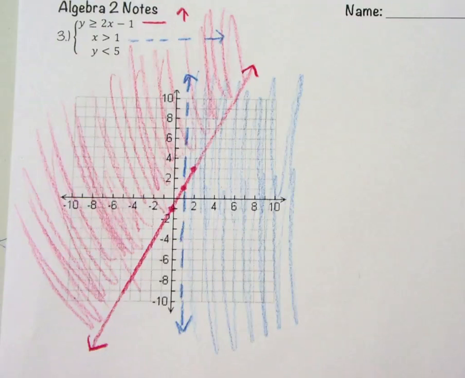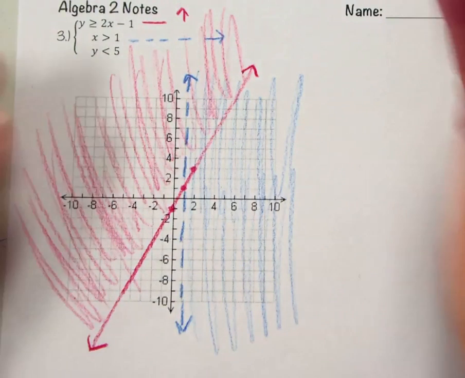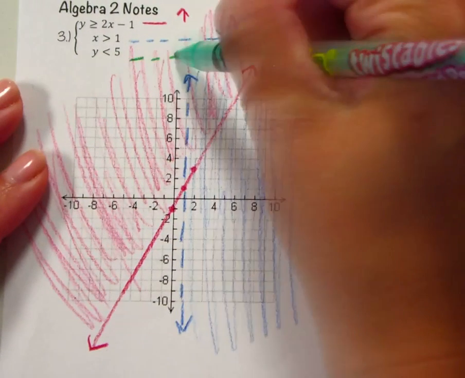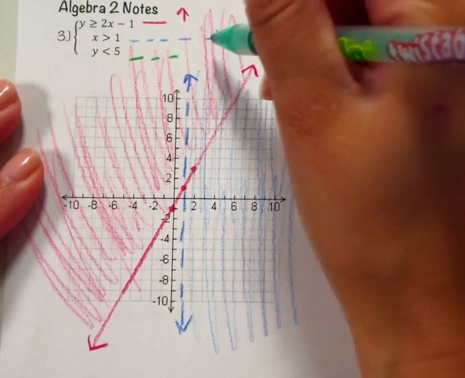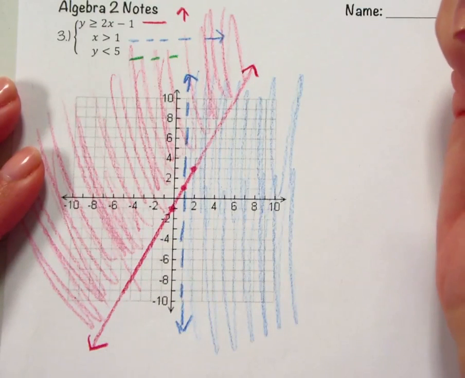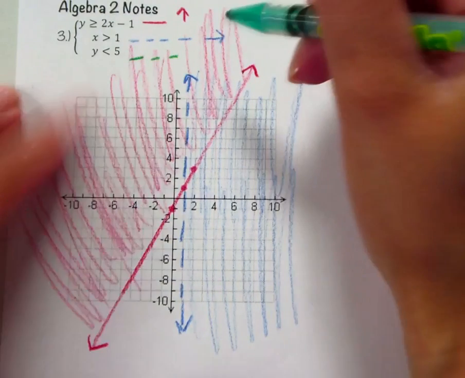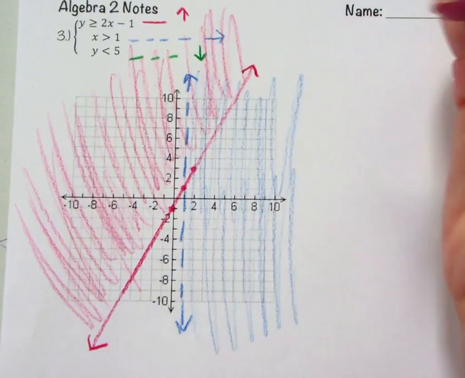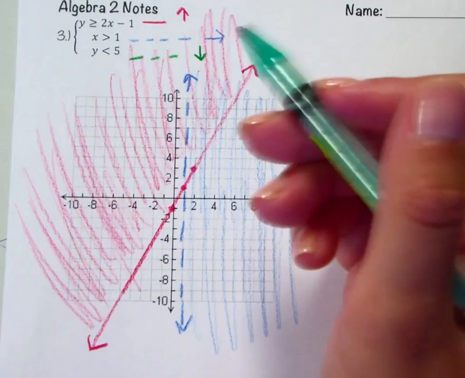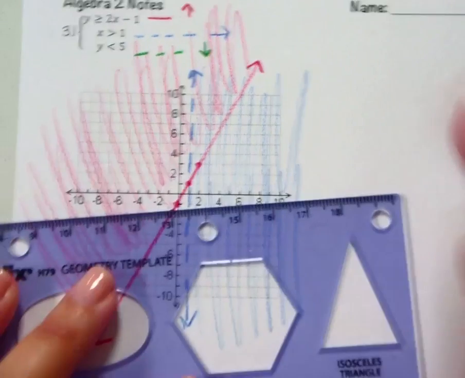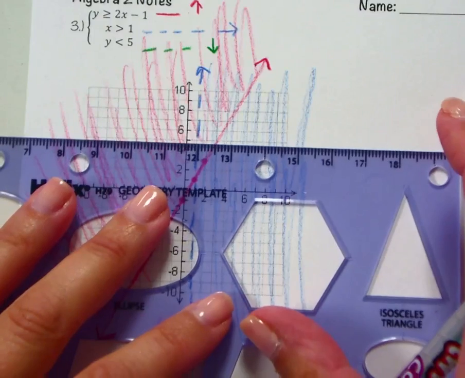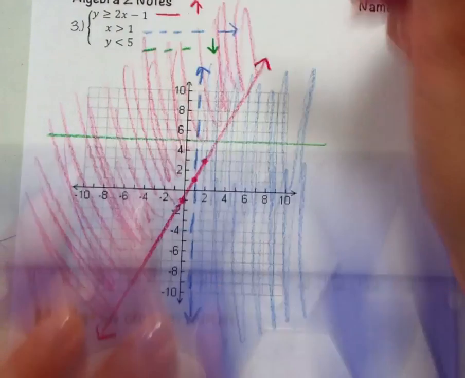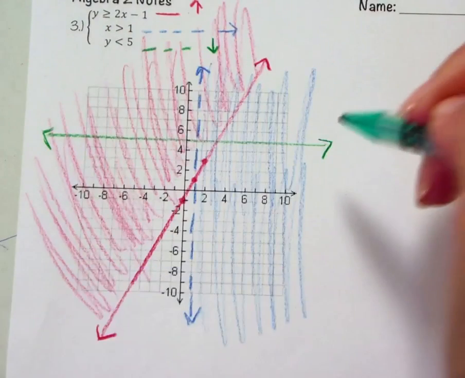And the last one, Mitchell, y is less than 5. Is that going to be solid or dashed? Okay, and which way am I going to shade? This is horizontal. Yeah, below. Horizontal line through 5. Oh, shoot.